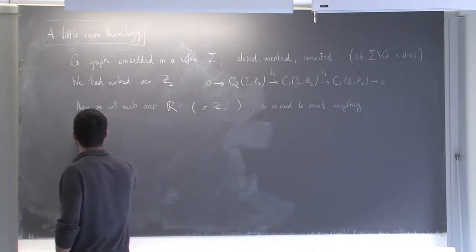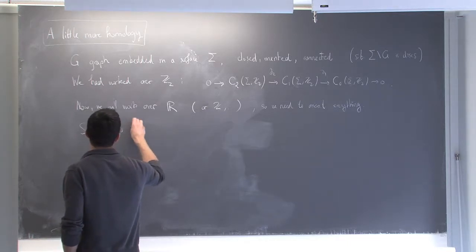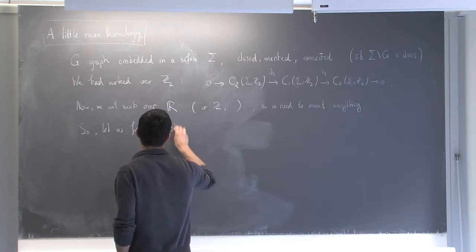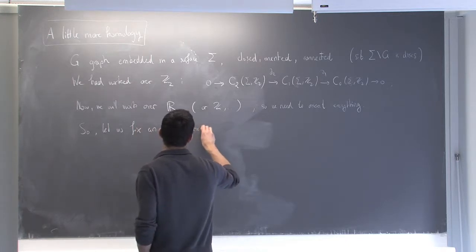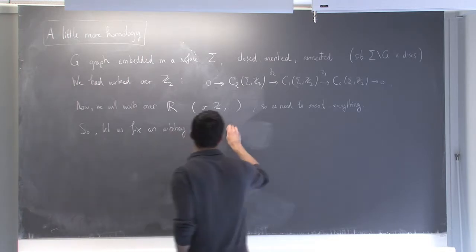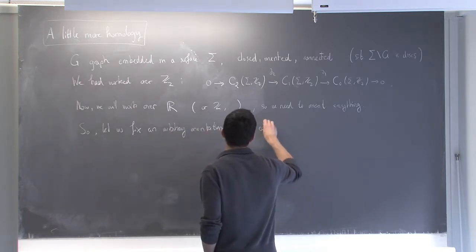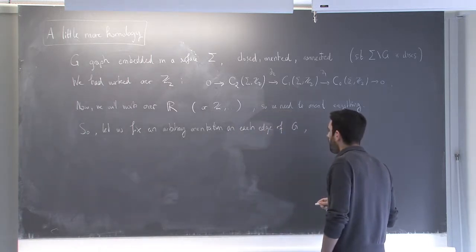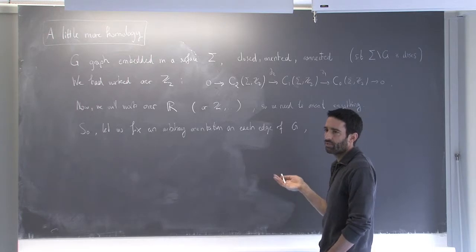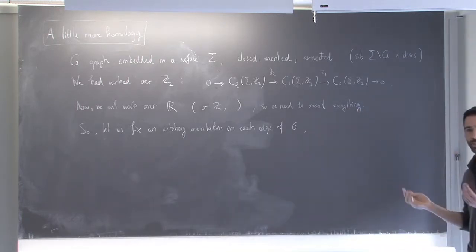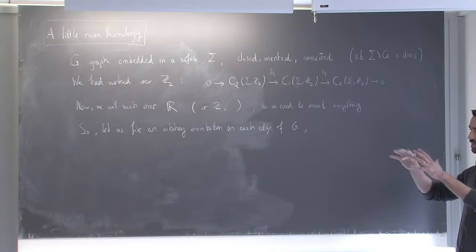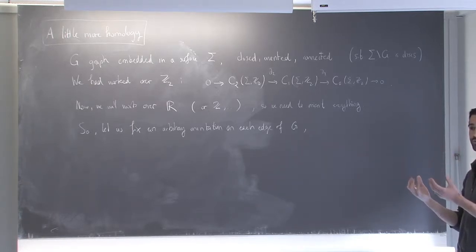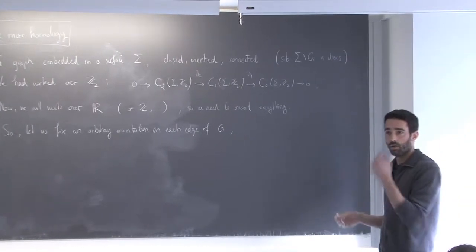Let us fix an arbitrary orientation on each edge of G, and also on each face. But maybe on each face we want them to be coherent. We don't need this, but now you have the faces on the surface, so you have a global orientation on the surface, so maybe you want the faces to be oriented in this coherent way.